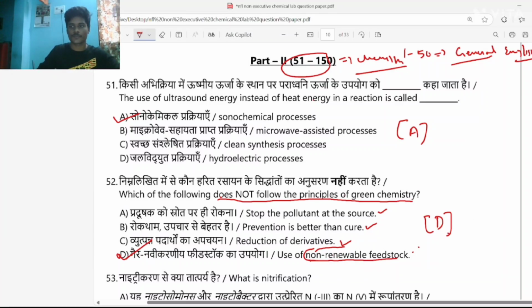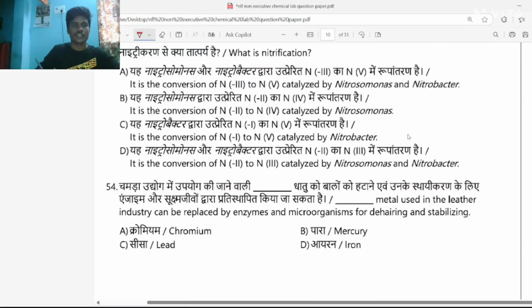Next, third question: what is nitrification? Nitrification is nothing but the conversion of ammonia into nitrate. Here it is a conversion of nitrogen minus 3 to nitrogen plus 5, catalyzed by Nitrosomonas and Nitrobacter.